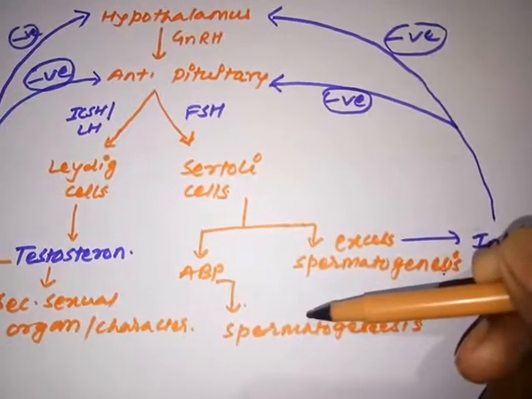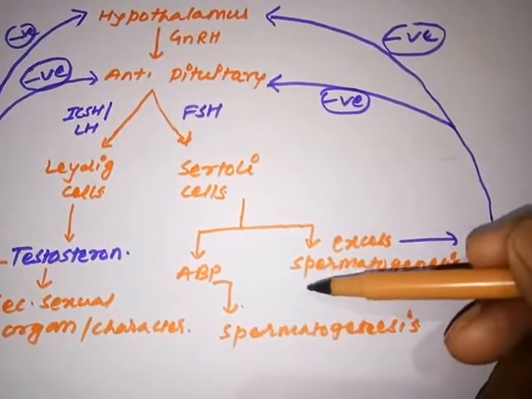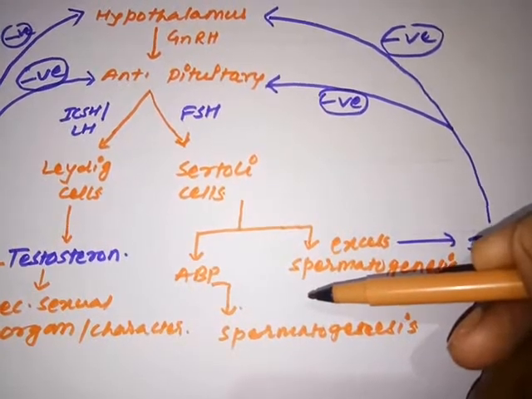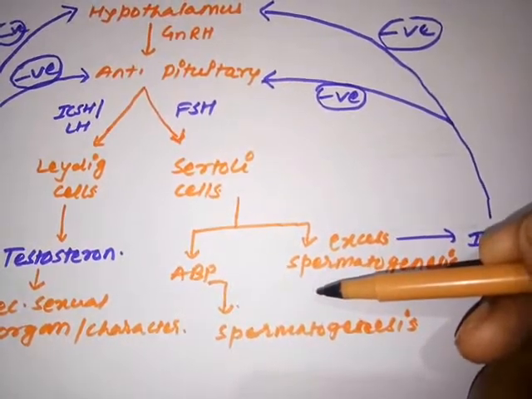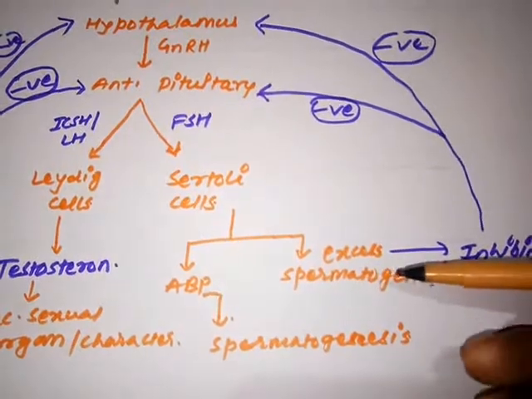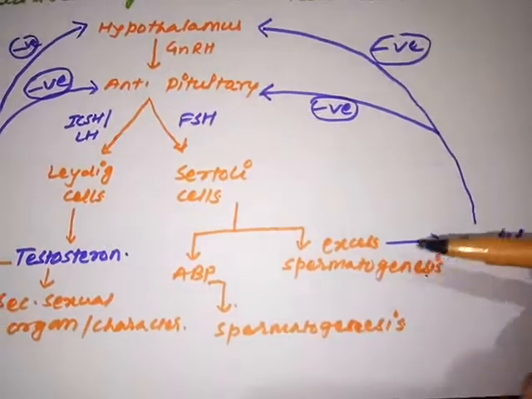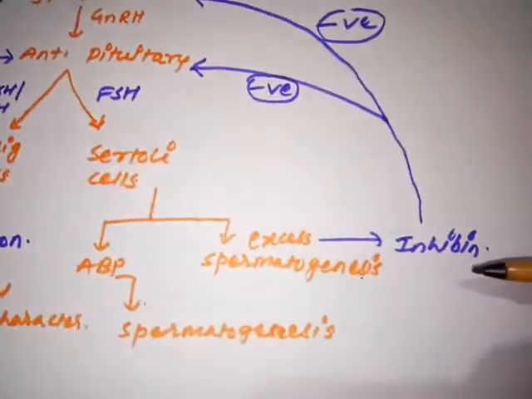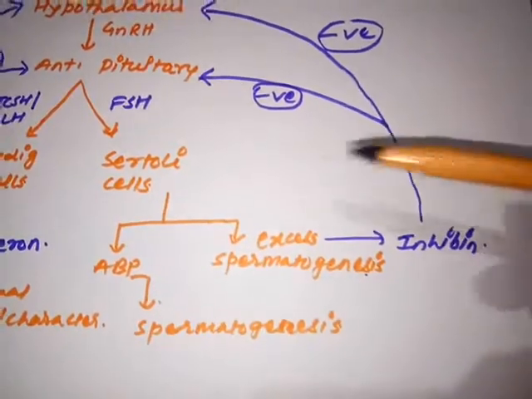And when the maximum level of spermatogenesis is achieved, meaning the excess level of spermatogenesis is achieved, you know very well, the Sertoli cell is going to release another factor that is called inhibin. Are you getting my point?